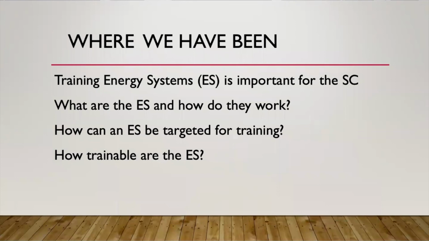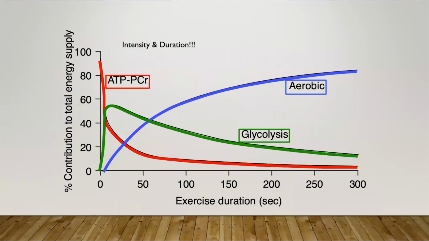And then we spent a little bit of time talking about, even if you do a great job, are all of these systems equally trainable? The truth is that the phosphagen system, in terms of increasing the stores of ATP phosphocreatine, probably is not great. But resistance training increases the absolute size of the muscle, and therefore there's more stored. The glycolytic system is quite trainable.